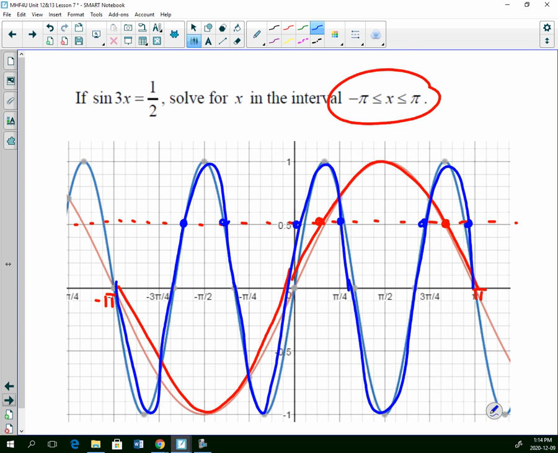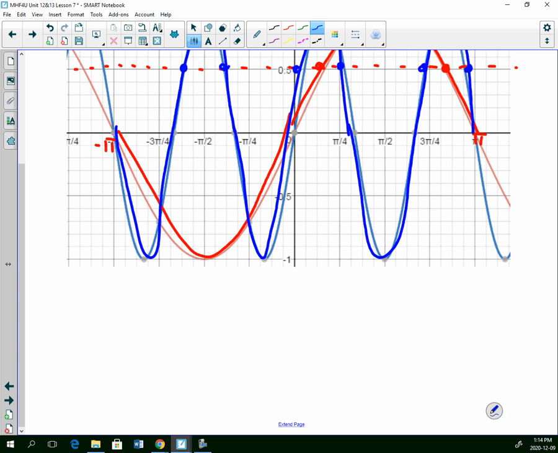So what we're going to do is find sine x, just the regular x, as 1/2 over the interval negative 3 pi to positive 3 pi. So we're going to triple the interval.